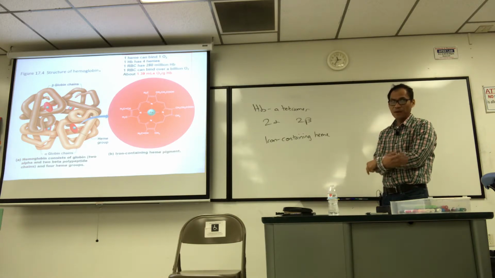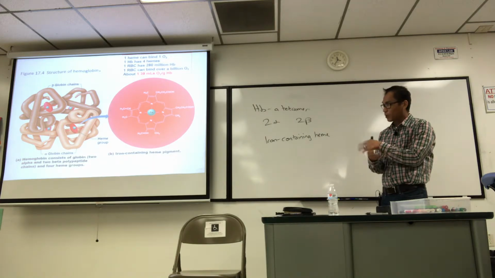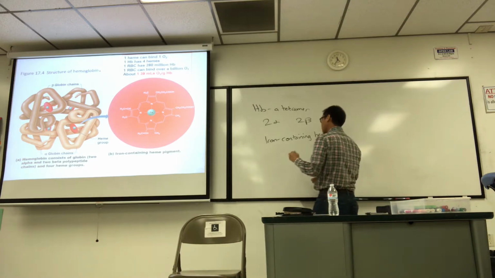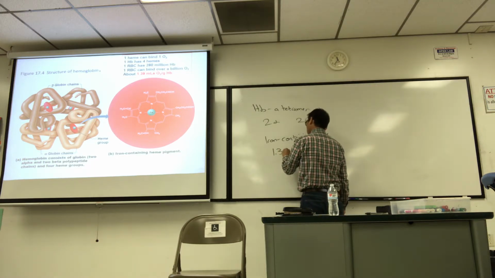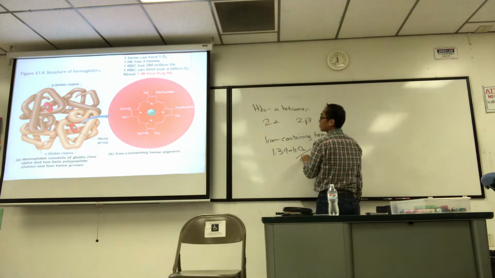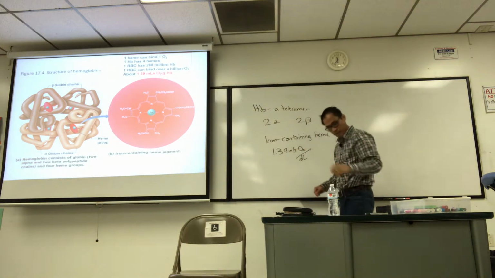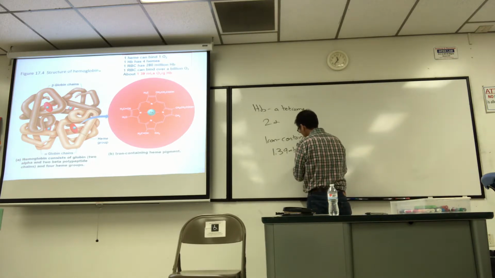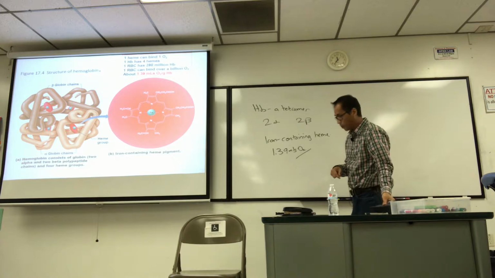So if you want to go through the units conversion using Avogadro's number and all that, you can get it to about 1.39 mLs O2 per gram of hemoglobin. That's the oxygen carrying capacity of human hemoglobin.